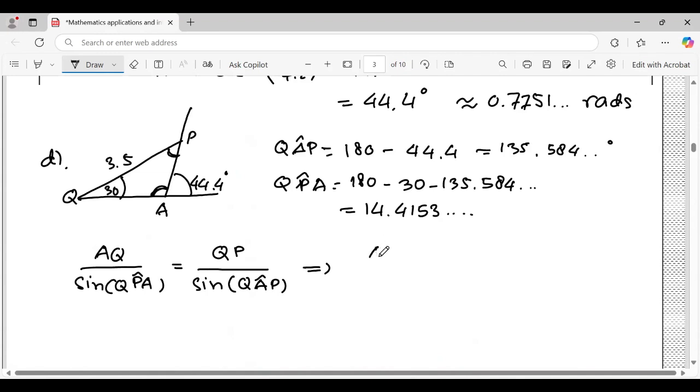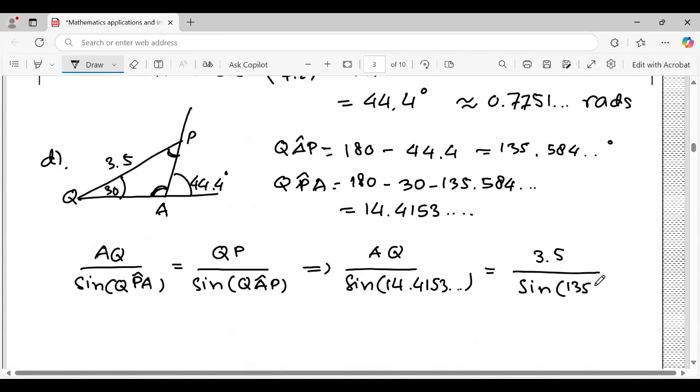So AQ over sine 14.4153 equals 3.5 over sine 135.584.